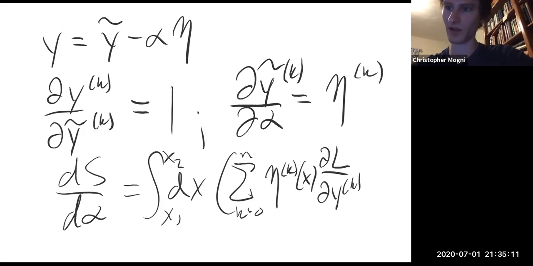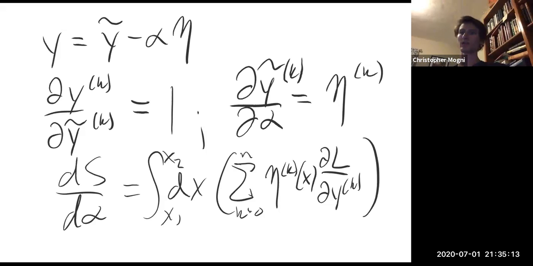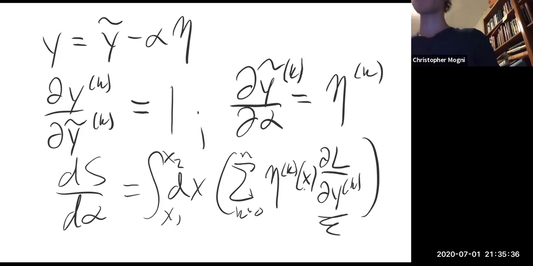So this is kind of like what you have in the book. So we have eta, which is the arbitrary function, and we take k derivatives of it with respect to x, and then that multiplies the partial derivative of L with respect to the function y_k, where y_k is the kth derivative with respect to x of y.